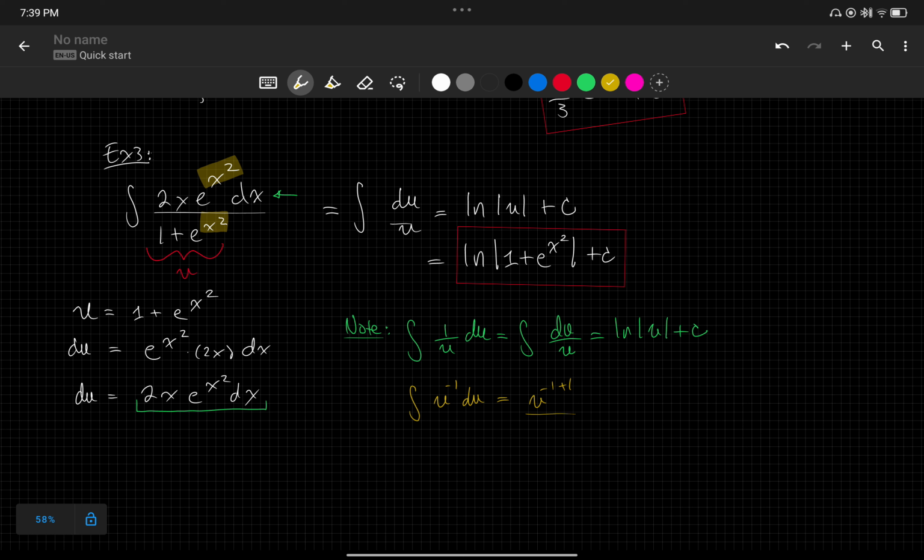Well, that answer is 0. So the negative 1 plus 1. So in reality, what you would get is u to the 0 divided by 0. And nope, no good. Doesn't work. So that would tell you, that's like a little hint. Oh, this is that special case. This is a formula.